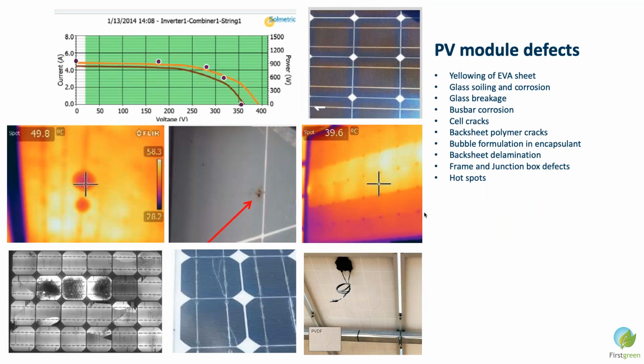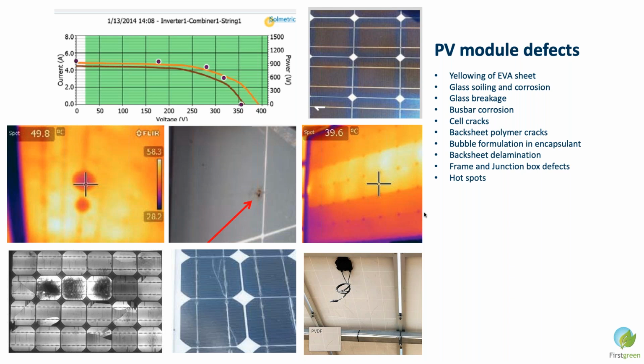What types of module defects do we generally observe? Sometimes you'll find that the EVA sheet gets yellowish. It means the EVA sheet is degrading faster and is not able to protect the backside of your module.